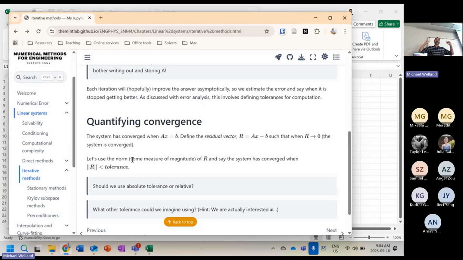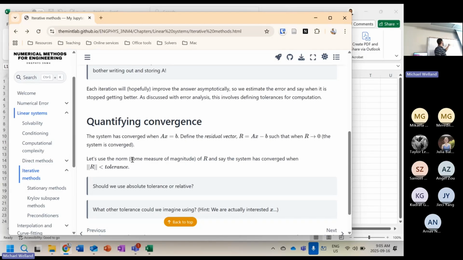And that also kind of makes sense. Because every element is kind of its own measurement, and you want your solution to have found where none of those elements are still changing.